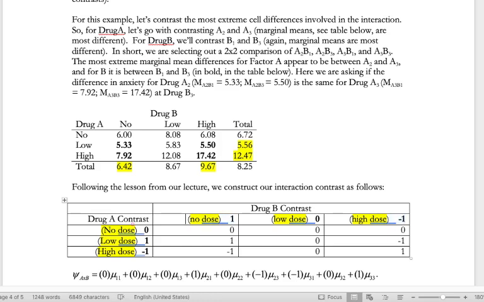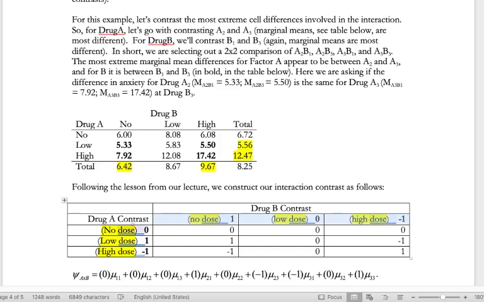Remember that the order of negatives, like which one is negative, doesn't matter. It just changes the value of the final F. So it just is the direction. It could have been no dose -1, high dose 1. As long as across B, these coefficients equal out to 0, we're good.